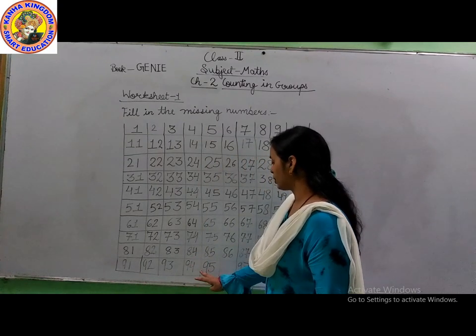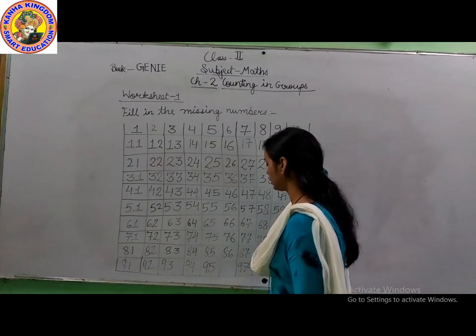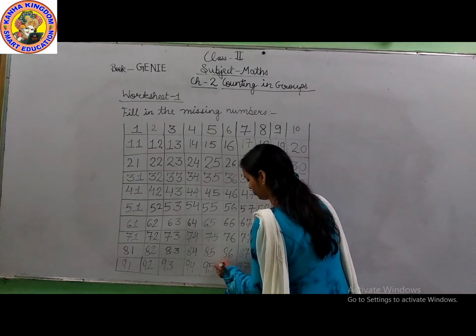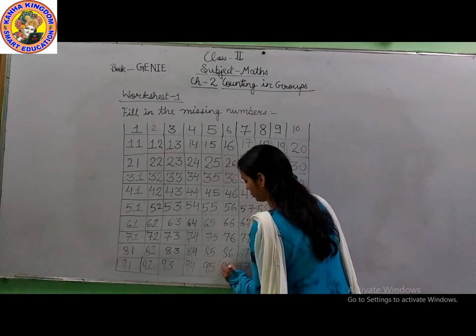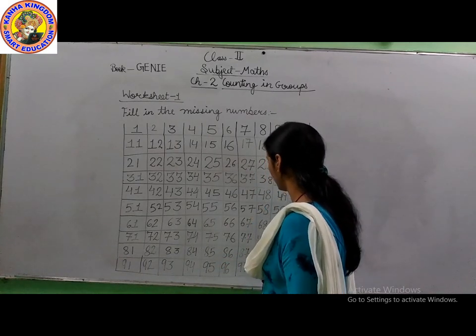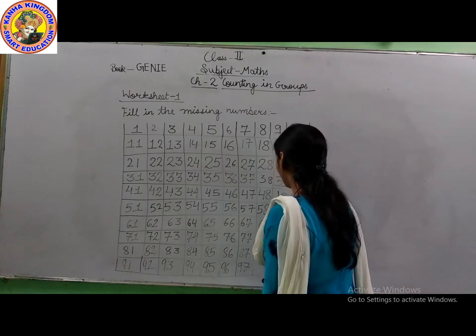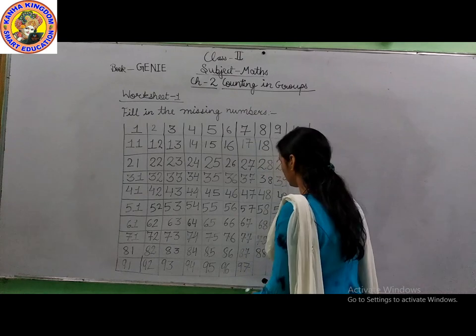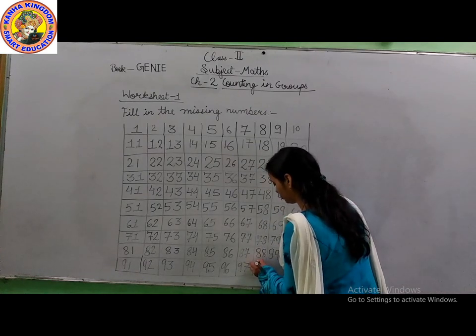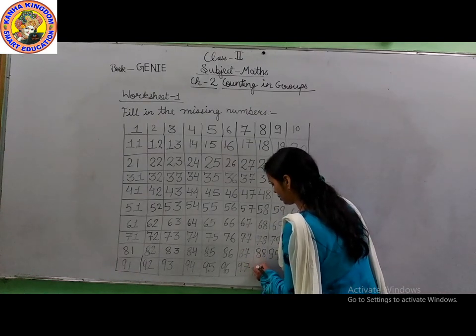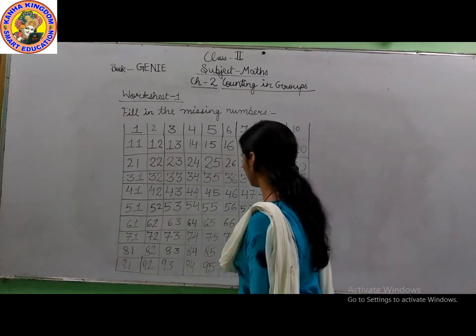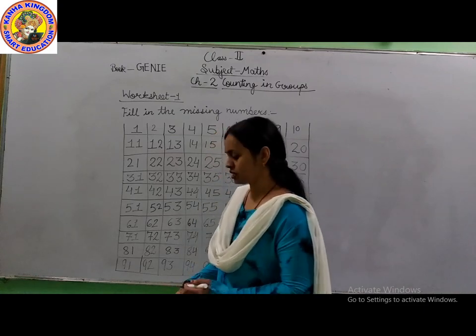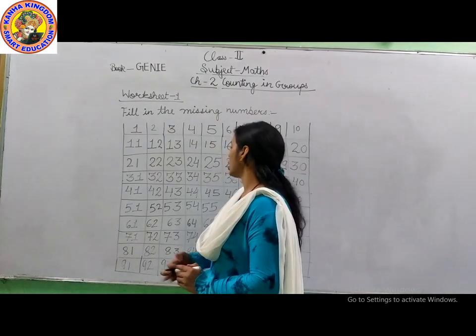Now, what comes between 95 and 97? 96. Now, 97. What comes between 97 and 100? 98. 99 and 100. So, this is the counting 1 to 100.